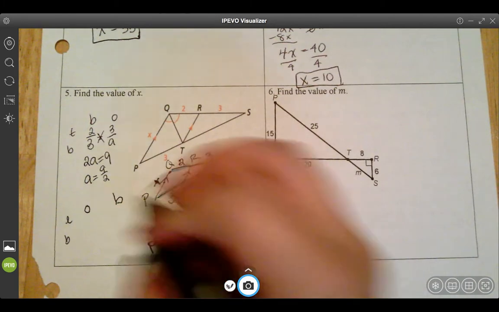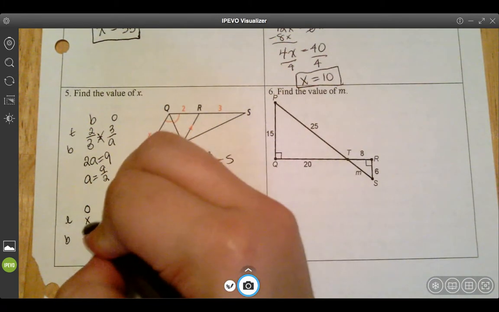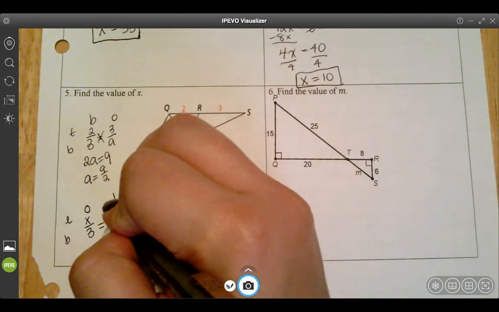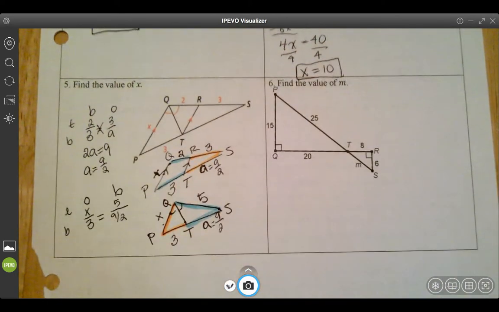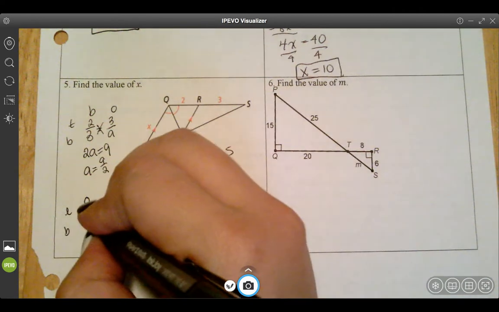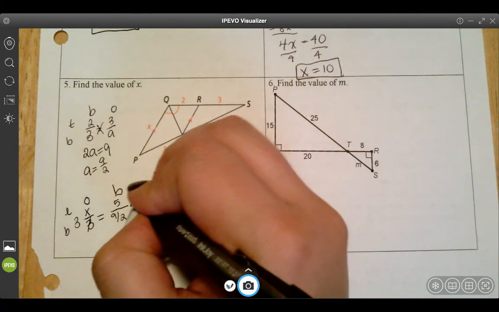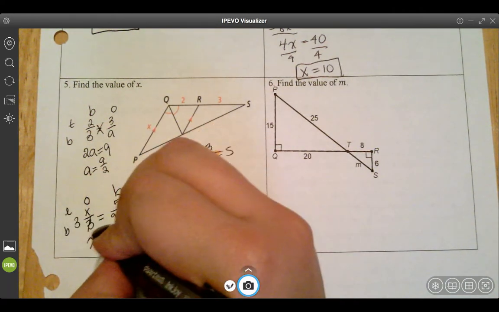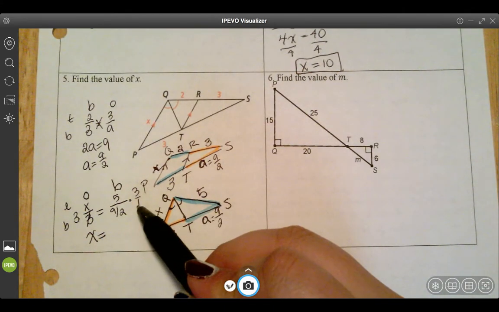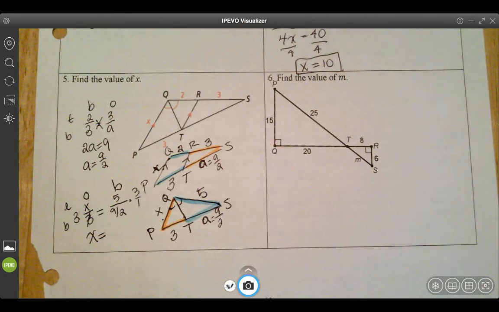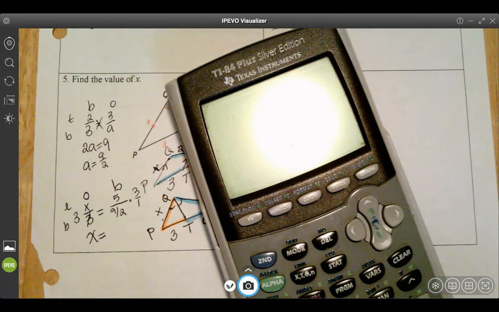So it's x over 3 equals 5 over 9 halves. So to solve for x, multiply both sides by 3. X equals, now the nice thing is that the calculator can do this all for us, or you can simplify by hand. So I'll show you how to do it on the calculator.